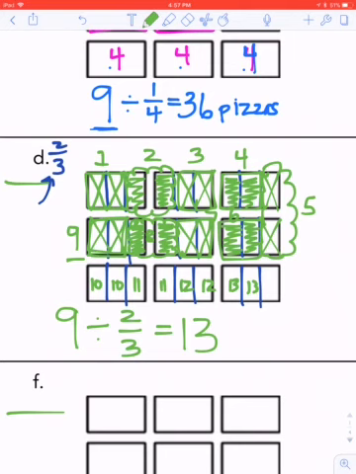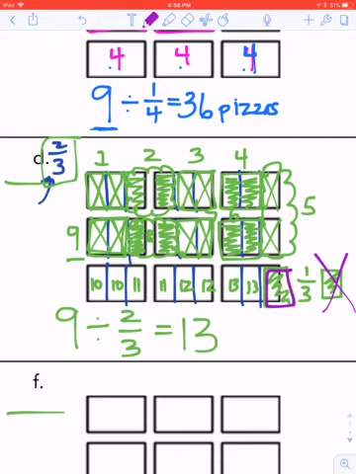And now we have to think about this section here is worth 1/3, right? And each pizza needs 2/3 of a block of cheese. So if we had just one more third here, we'd have a whole pizza, right? We'd have a 14th pizza. But we don't. So this is not here. We have this section though.